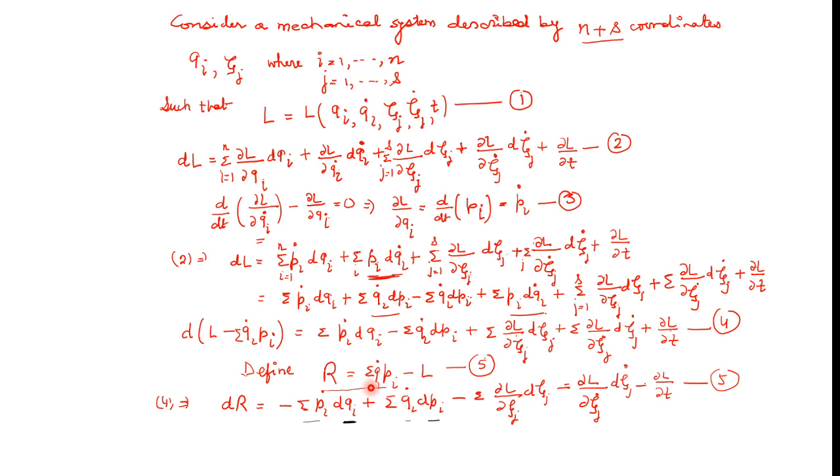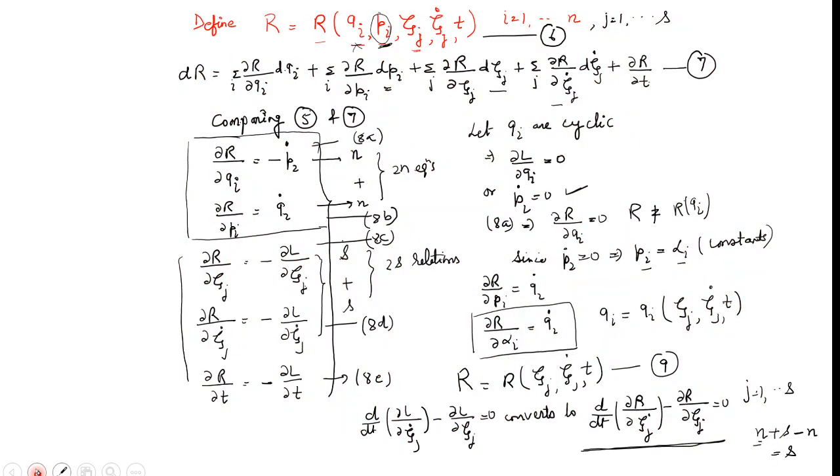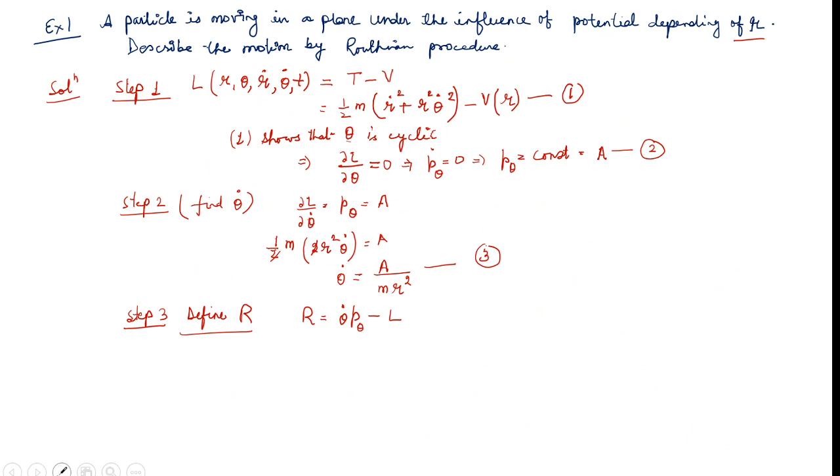In the same way, I have defined my R. Theta is cyclic, so I have taken the corresponding velocity multiplied by the corresponding momentum: theta dot p theta minus L.